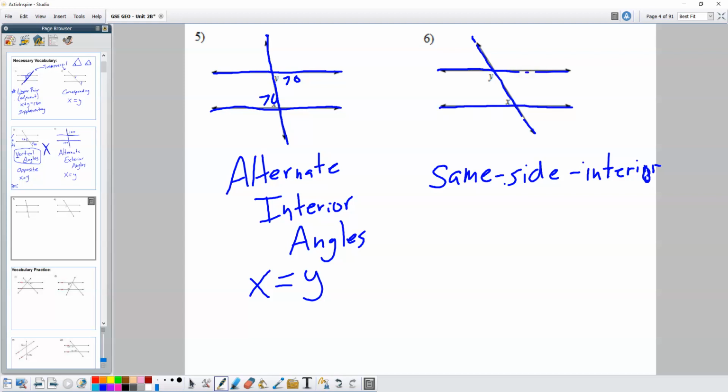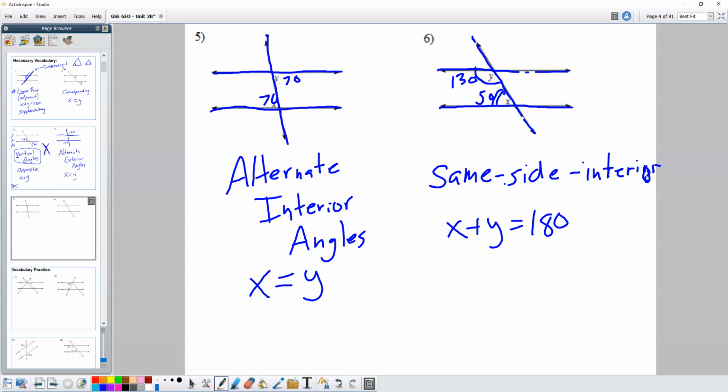Same side interior angles are supplementary, meaning that x plus y is equal to 180 degrees. That makes sense. If you look at angle y right here, it's an obtuse angle. This is an acute angle. They're not going to be equal to each other. So they're going to add together to give us 180. If y was, I don't know, 130, then that means that x would have to be 50. I'm just making those numbers up. I'm just giving you an example.